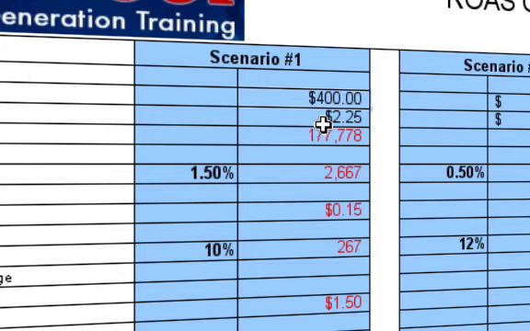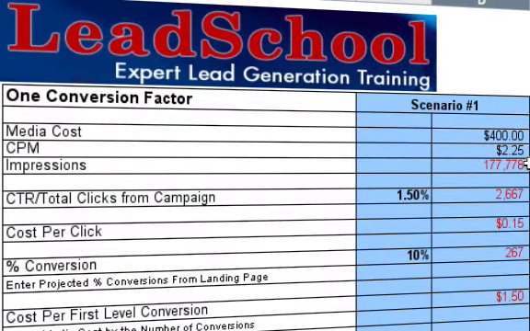Your CPM, cost per thousand. Well, if it's $400 and that's how big their list is, right? Let's say the list is 177,778, as it says here. Then your CPM, if it was $400, would be $2.25.